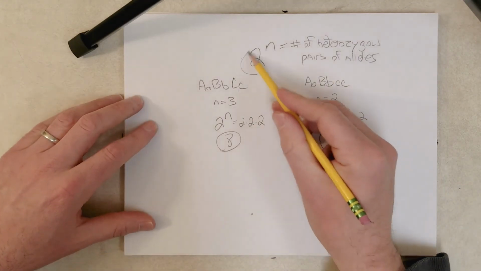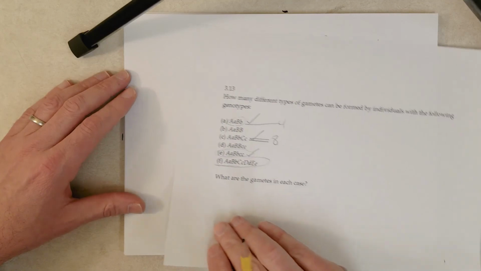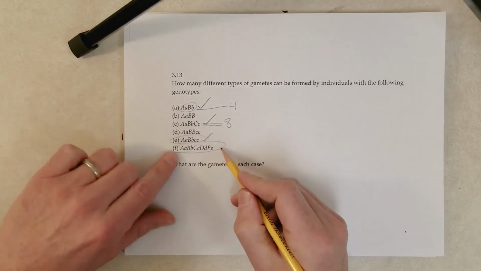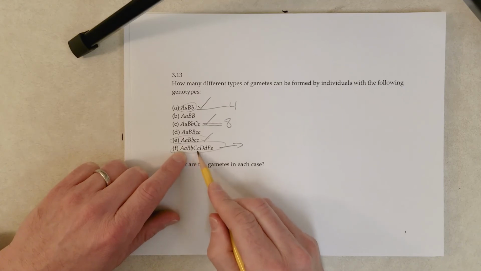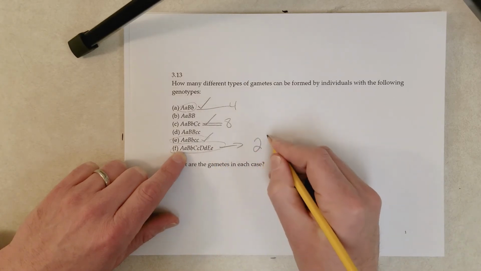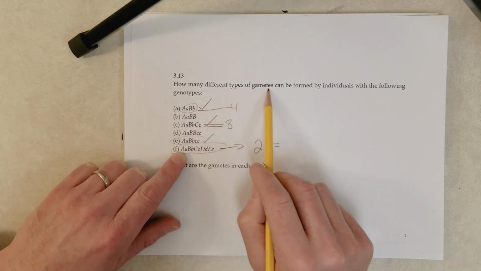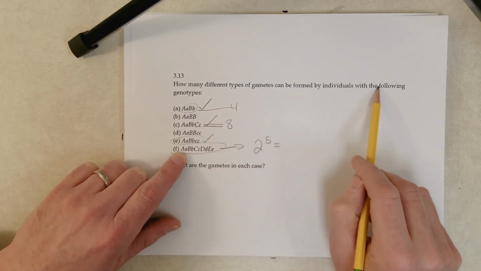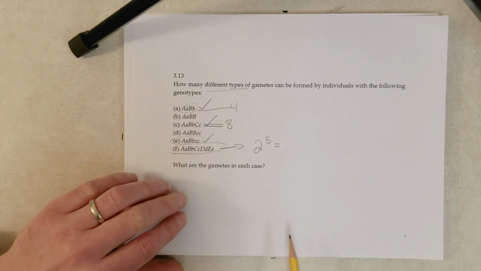So this formula is very useful and helps you answer things like this very quickly, right? So we have 1, 2, 3, 4, 5 pairs of alleles here, heterozygous pairs of alleles. So the answer to this one of how many different types of gametes can be formed by individuals with the following genotypes, and different types here means genotypically different.